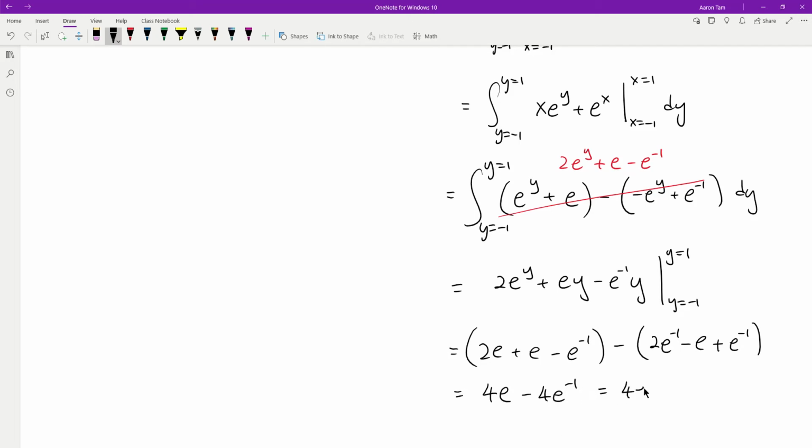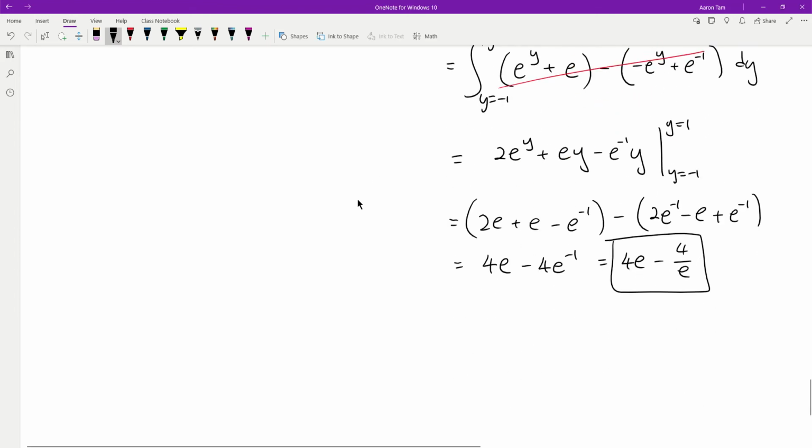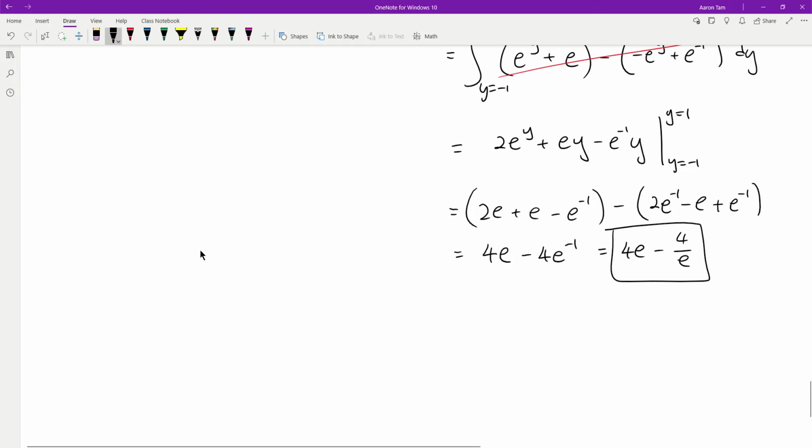So that comes out to be 4e minus 4 over e. That's my line integral. That's not too bad, and definitely a lot quicker than doing 4 separate integrals, even though those 4 integrals might be simple to do, they would still take a long time.